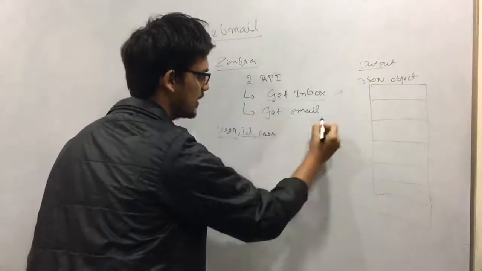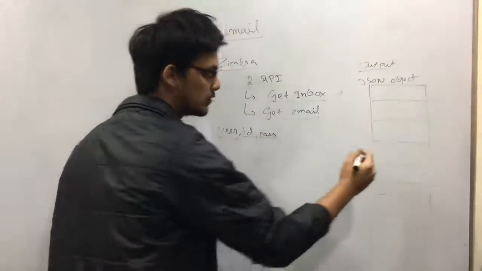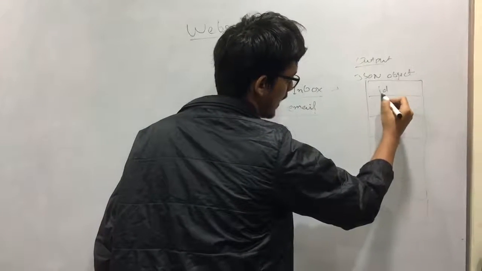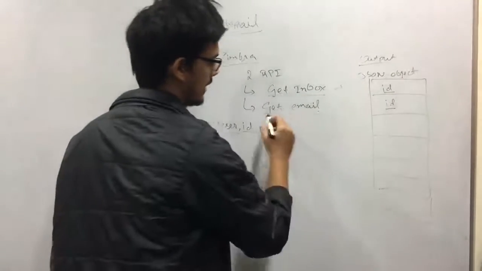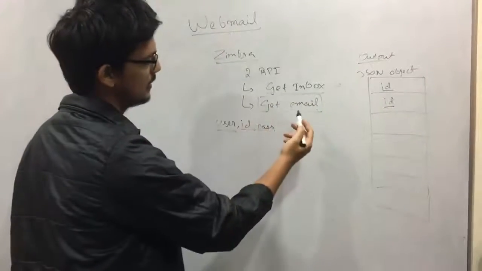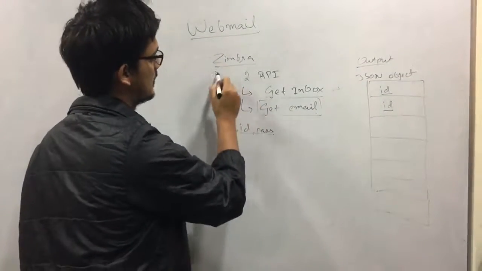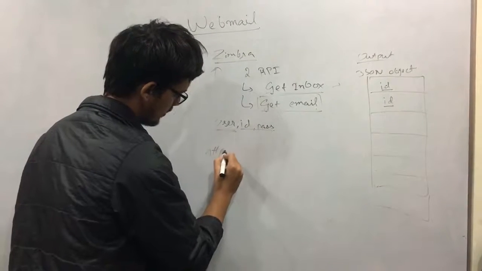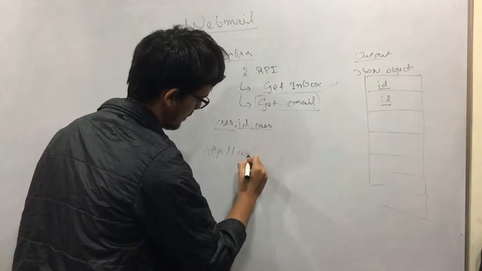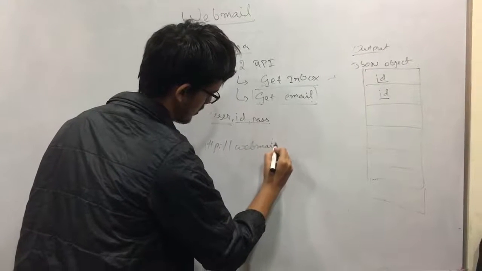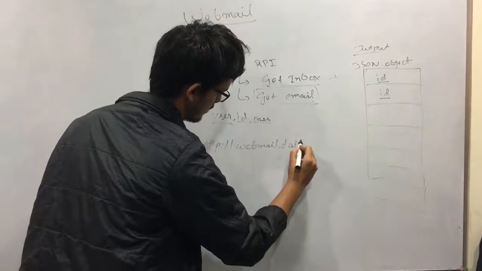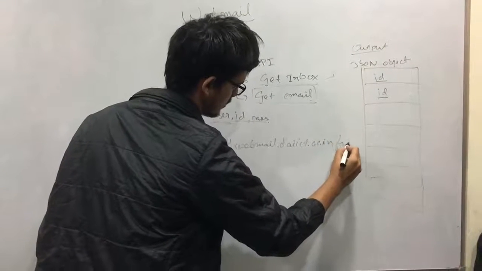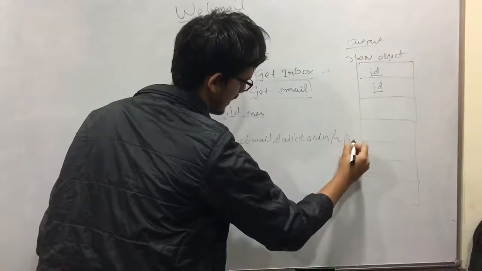And for the second API, which is get email, every inbox item has a particular ID, and this ID can then be used with get email to get the email from Zebra. So the command basically would be to do http webmail.daict.ac.in/the ID.